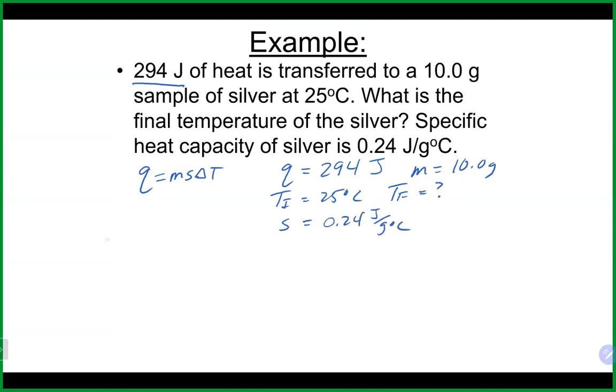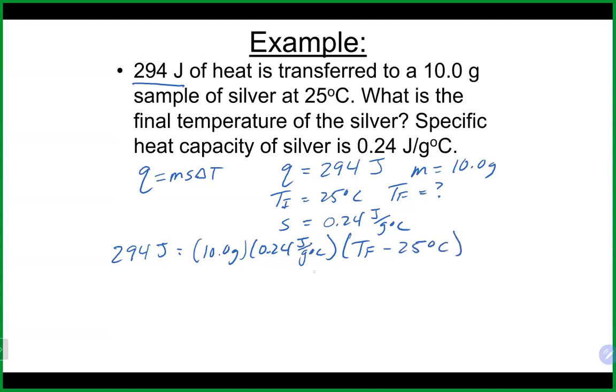Celsius. So if we put this into our formula here, 294 joules equals our 10 grams, our 0.24 joules per gram per degree Celsius, our final temperature, which is what we're looking for, minus our initial temperature in this case. We need to first divide over, right?